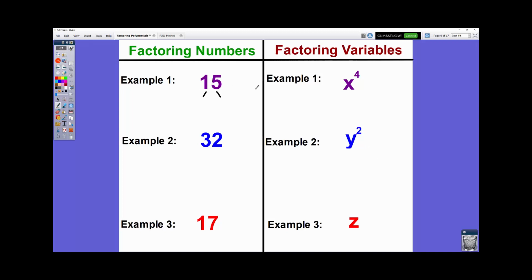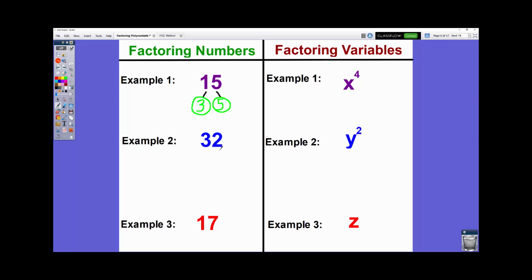So for 15, I need two numbers that multiply together to make 15. That would be 3 and 5. And just like that, we've already factored it down to nothing but prime numbers.